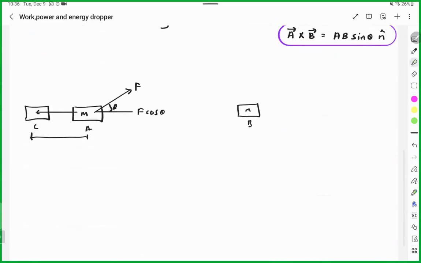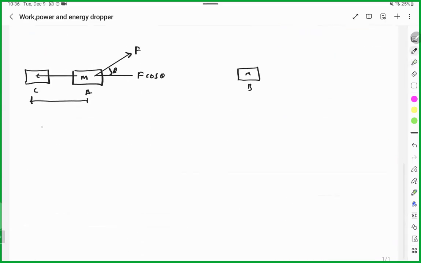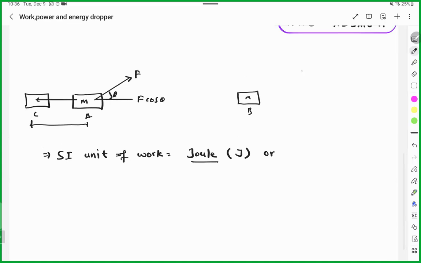And because we did the unit and measurement chapter recently, what will be the SI unit of work, Anvita? Joule. And in the SI system, in basic units, what will be the unit of work?